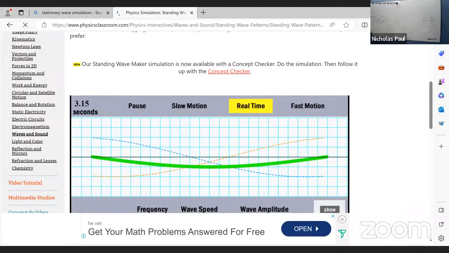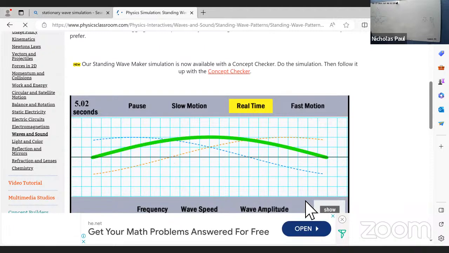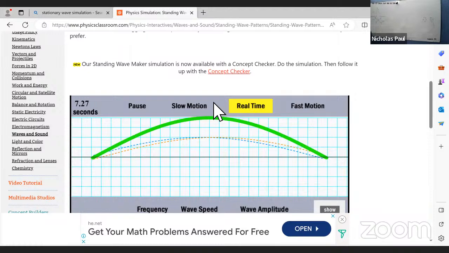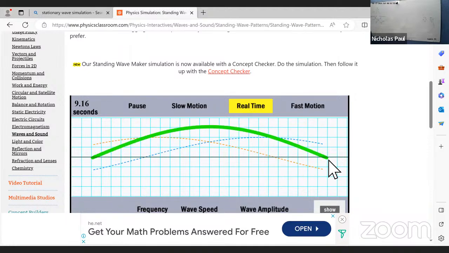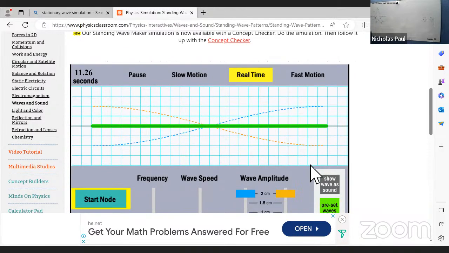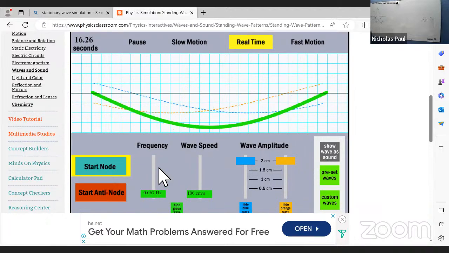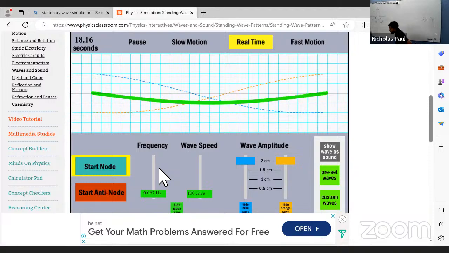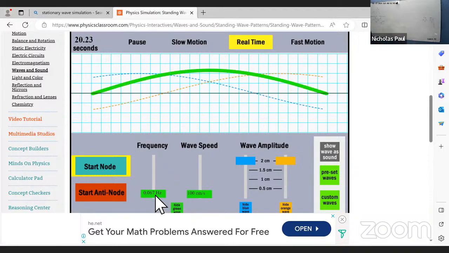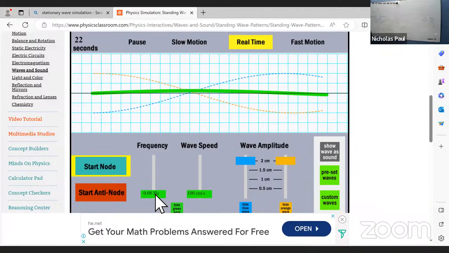So watch this here. This is called your first harmonic, right? This is your first harmonic, and this is when you have a node, an antinode, and a node. Okay? I am going to increase the frequency slightly. 0.067, right? Let's go up a little bit.